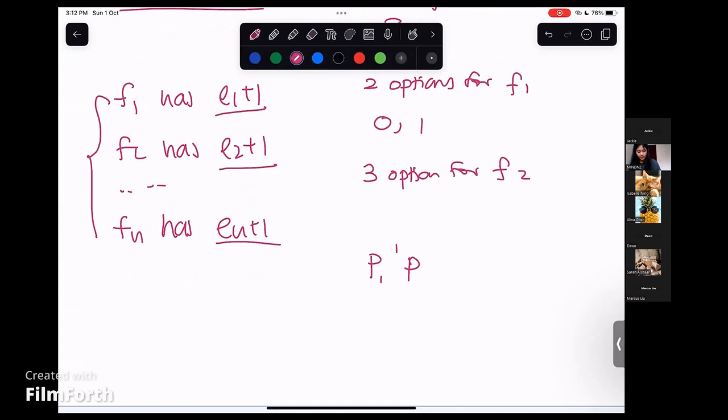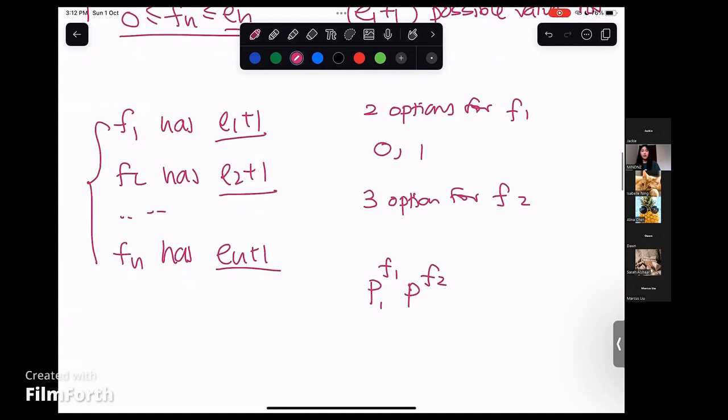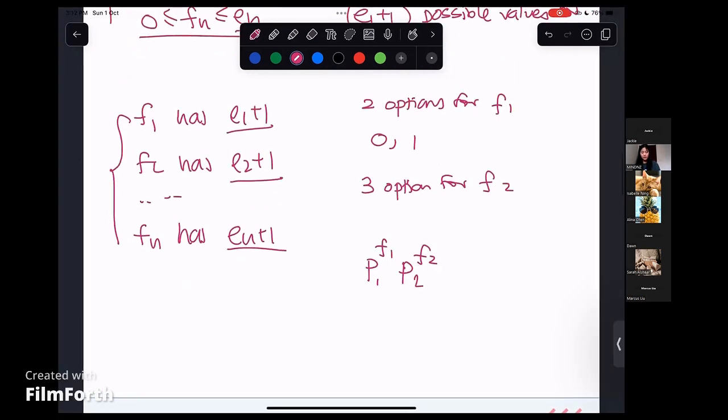Let's use a variable f. So what possible values can we get for that? Well, we can have p1 to the power of 0, p2 to the power of 0, 1, 2. So f2 can either be 0, 1, or 2, and f1 can be 0, 1, right? So we have this.